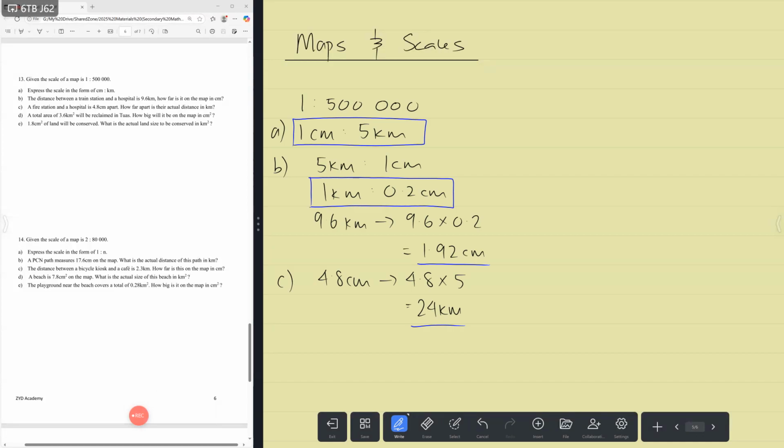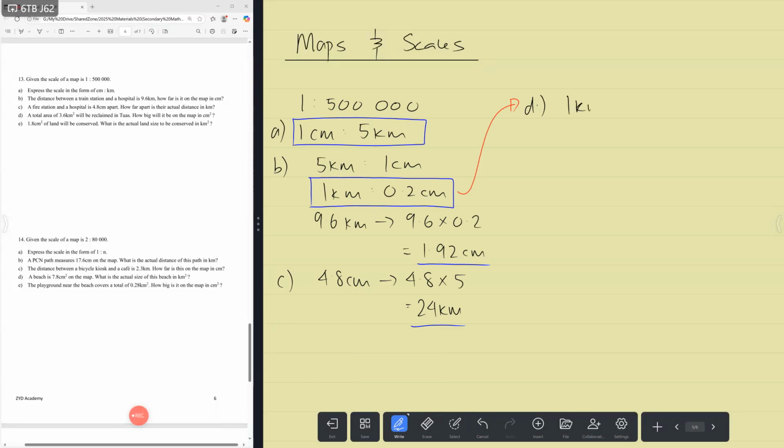Right, let's look at parts D and E, where we are going to be looking at the area. A total area of 3.6 square kilometers will be reclaimed in Tuas. How big will it be on the map in square centimeters? Because they give you 3.6 square kilometers, I will use this scale and convert it into the area scale.